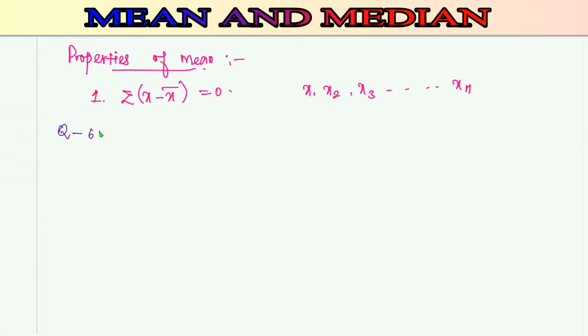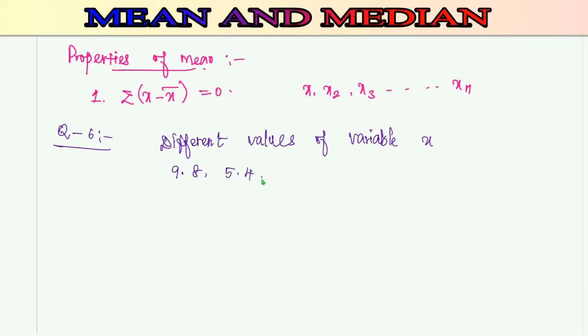Question number 6. The different values of variable x. They have given 9.8, 5.4, 3.7, 1.7, 1.8, 2.6, 8.6, 10.5 and 11.1.